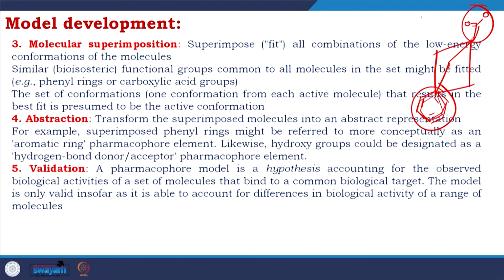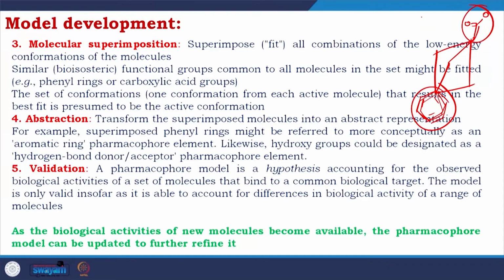The model is only valid insofar as it is able to account for differences in biological activity of a range of molecules. So, basically there are so many ligands, they are diverse, but they are representing their functional groups which could have the ability to bind to the receptor, and then if it correlates with the biological activity, then the model is developed.